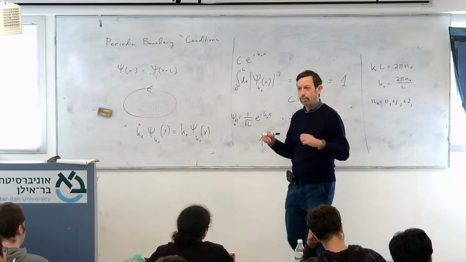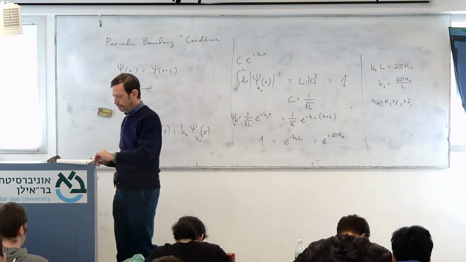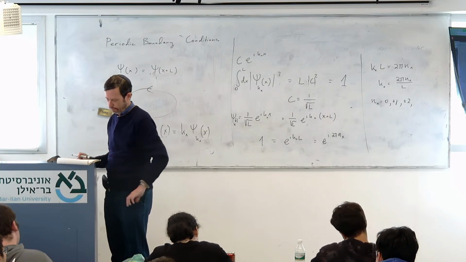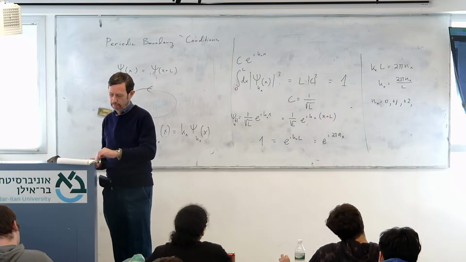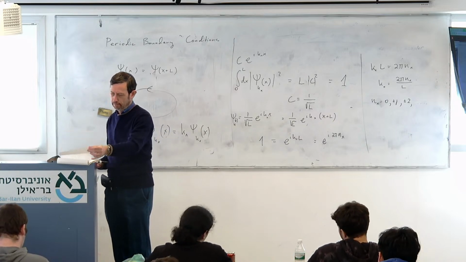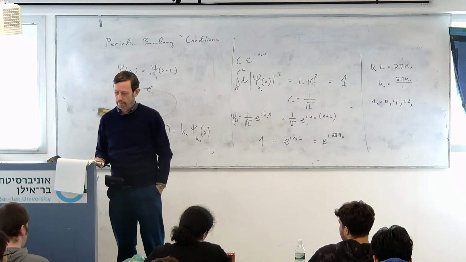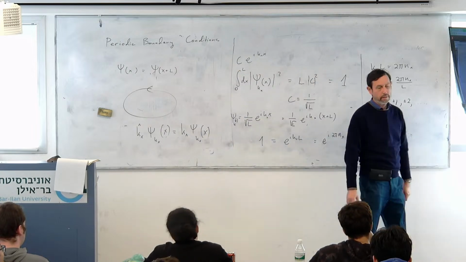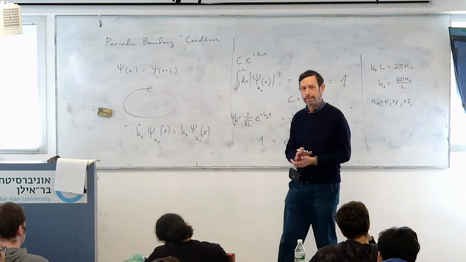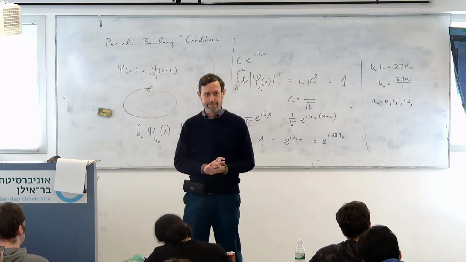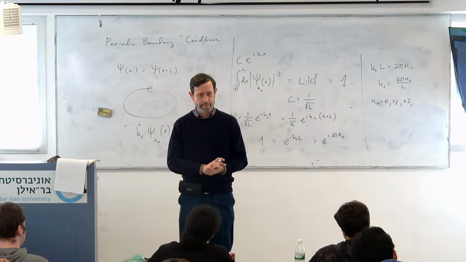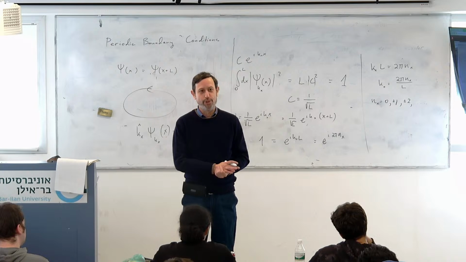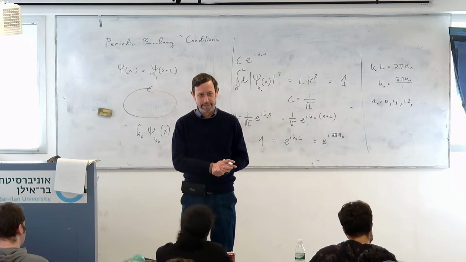Okay, so the fact that we went into periodic boundary condition turned the momentum into something discrete. Because it's discrete, you can normalize it as usual, and all is good.